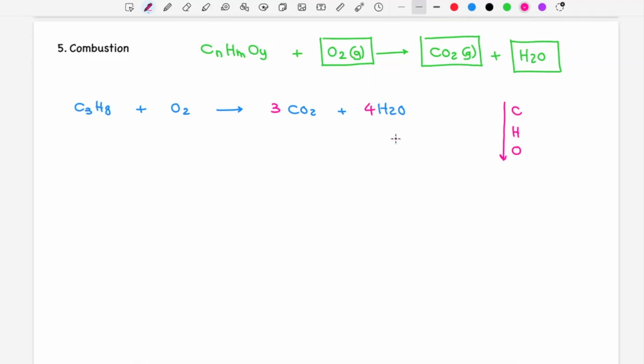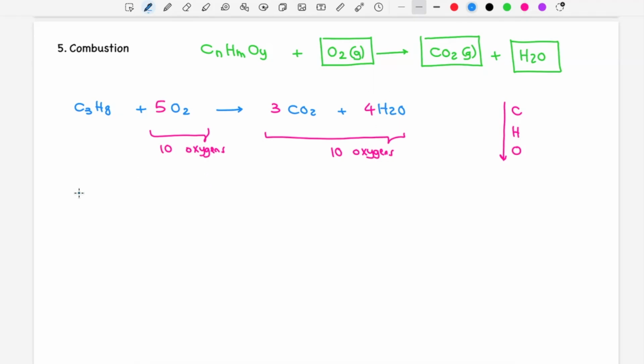Now we look at the oxygens. The number of oxygens over here is 3 times 2, which is 6, plus another 4, which is 10. So we need to have 10 oxygens here too. The only way we can make 10 oxygens is by putting a 5 over here. So this equation is balanced.